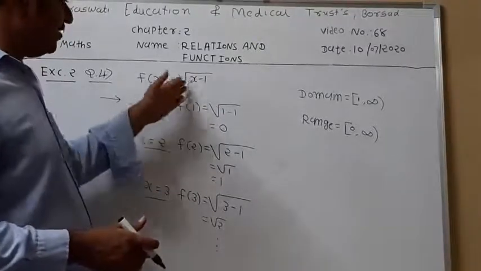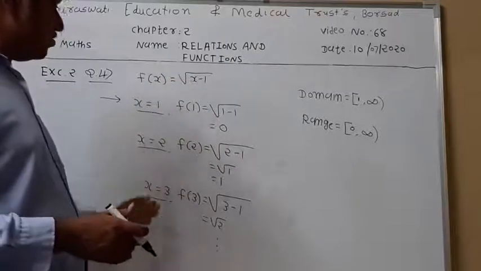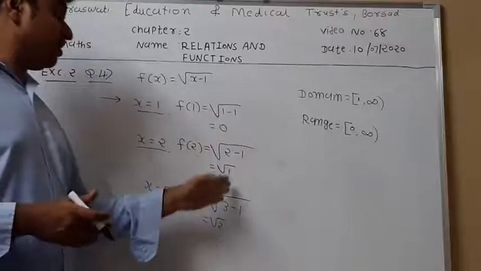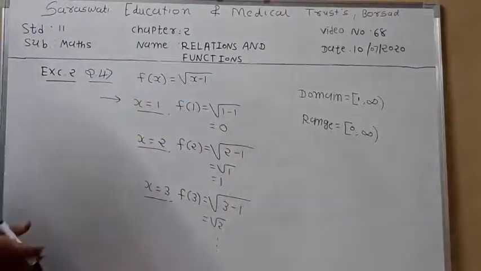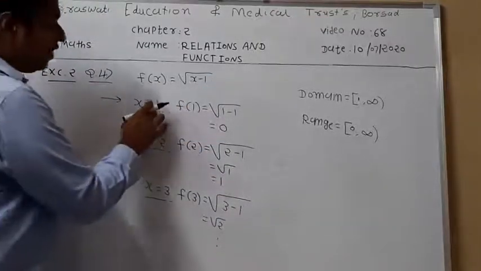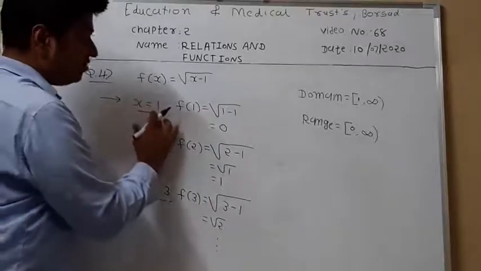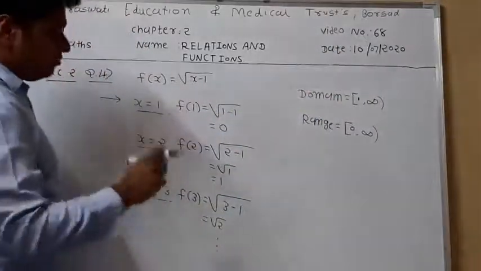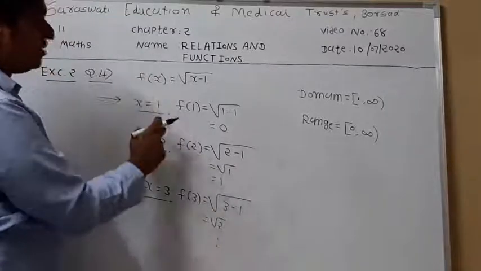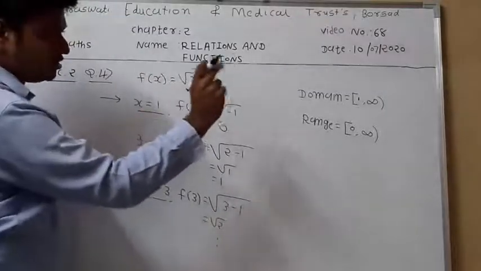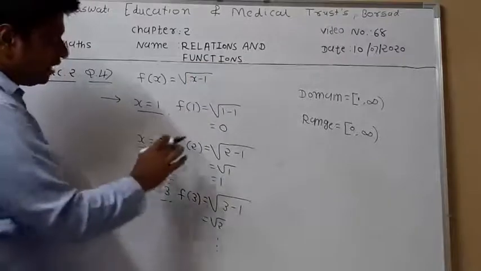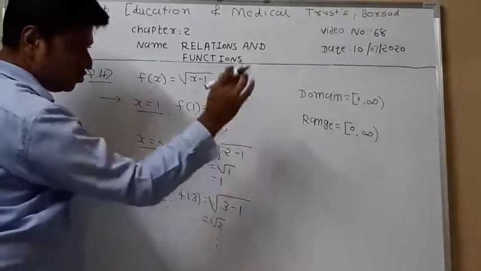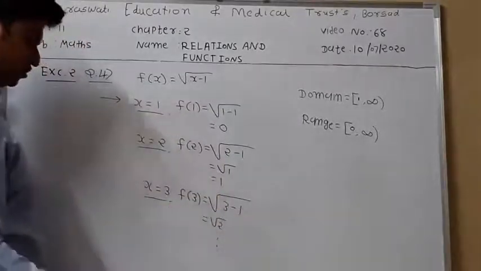So only positive values can be considered in the domain. In the domain the minimum value is 1, so closed interval 1 to infinity, meaning any value between 1 and infinity. And in the range we get closed interval 0 to infinity.